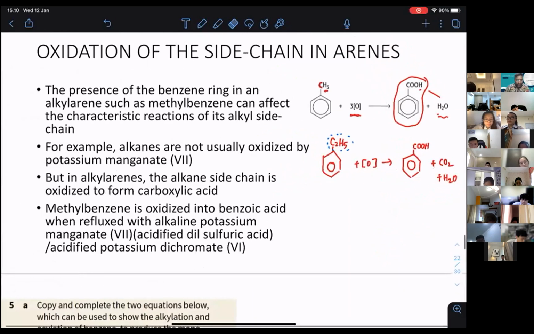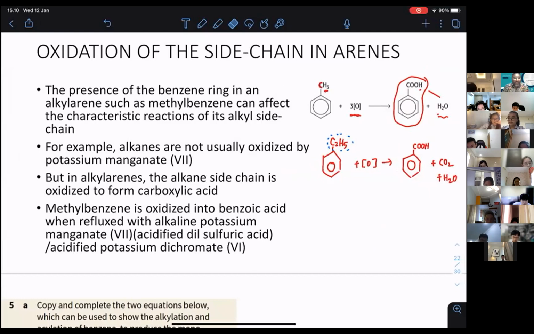So here you can read over there, they say alkanes are not usually oxidized by potassium manganate, but in alkyl arenes, the alkane side chain is oxidized to become carboxylic acid. Let me ask you, to see whether you memorized this.